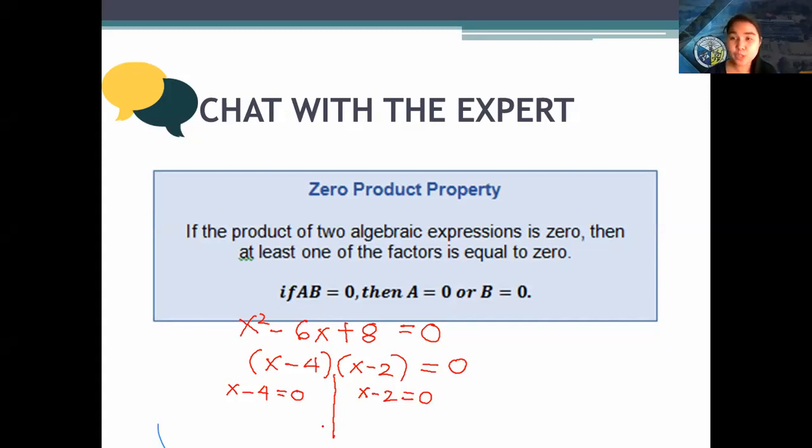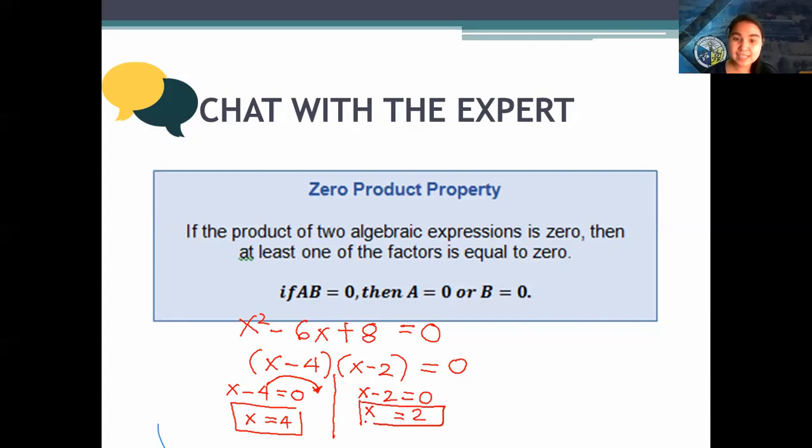Then how are we going to solve for the roots? We simply solve for the value of x. You transfer the constant to the other side. So we have x equals 4. That's the first one. What's the second one? x equals 2.